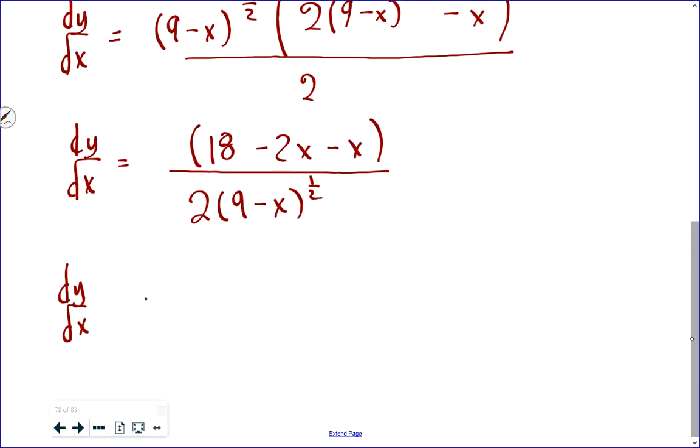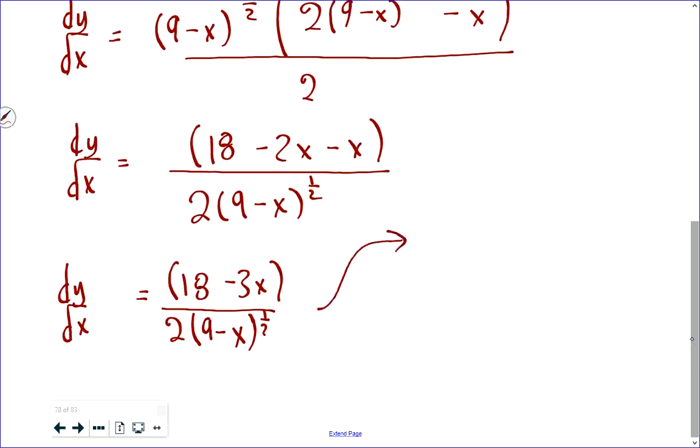I can simplify the top now into 18 minus 3x over 2 times 9 minus x, quantity to the half. I know I like to work top to bottom, but I'm just going to move this over here. I can take out a 3 and have 6 minus x over 2 times 9 minus x to the half. So this is dy dx.